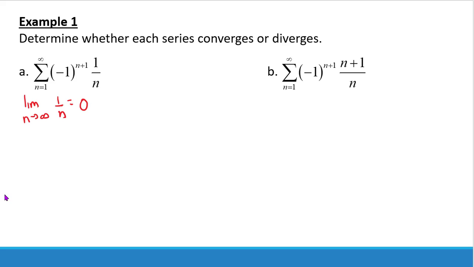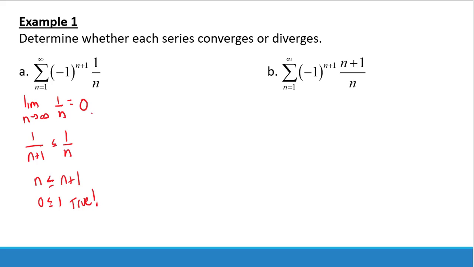And now I need to prove that the n+1 term is always less than or equal to 1 over n. Now, n are positive numbers, so I can cross multiply. Okay, and then if I subtract n from both sides, we get 0 is less than or equal to 1. That is a true statement.